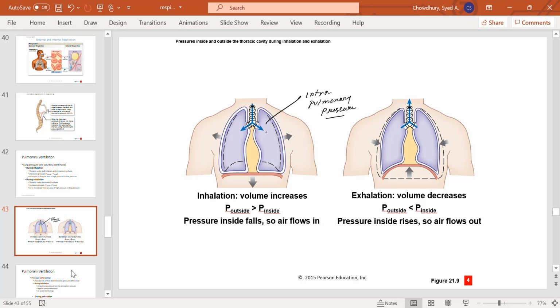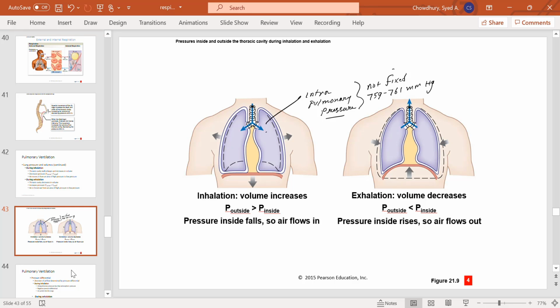Okay, which is not fixed, it changes during breathing. Okay, changes between 759 to 761 millimeter of mercury. So a little bit goes up and down.